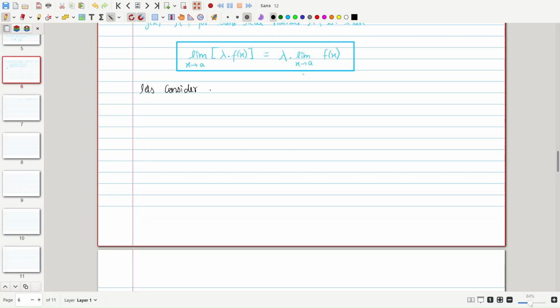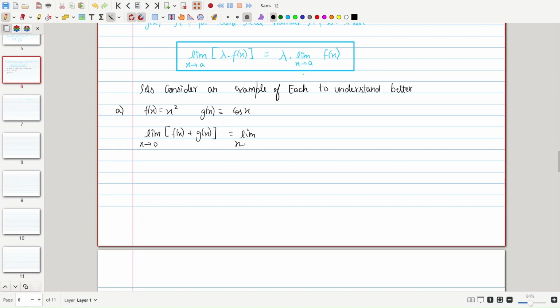We can take f(x) and g(x) to be simple functions for now. Let's take f(x) equal to x square and g(x) equal to cos x. For the first part of the theorem, the limit x tending to 0 of f(x) plus g(x), we break it into individual limits of x square and cos x. When x tends to 0, x square tends to 0 and cos x tends to 1, so 0 plus 1 becomes 1.